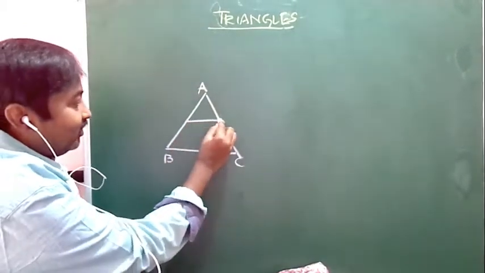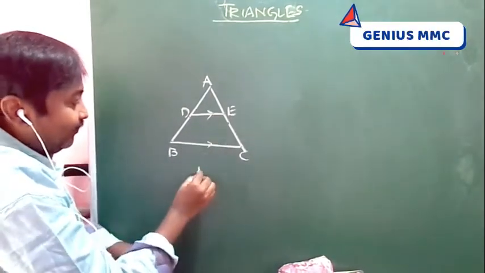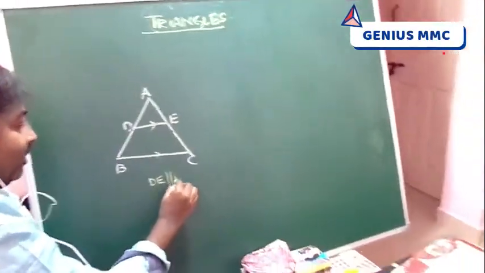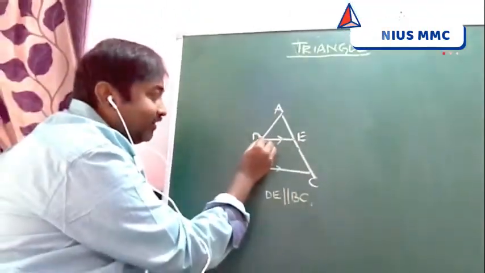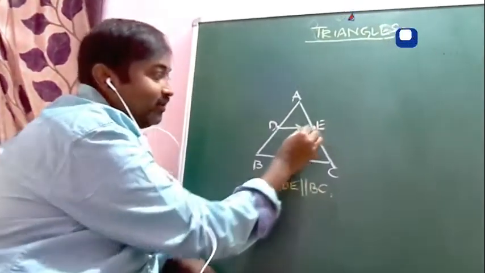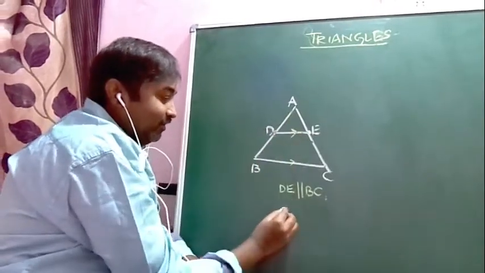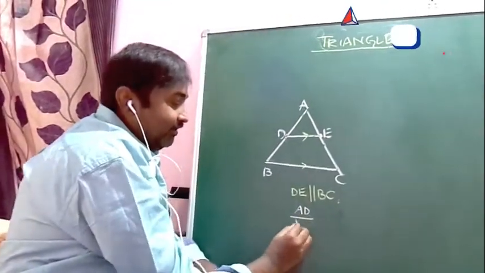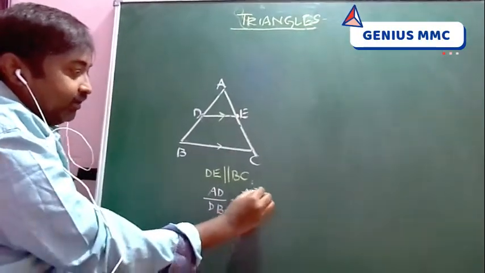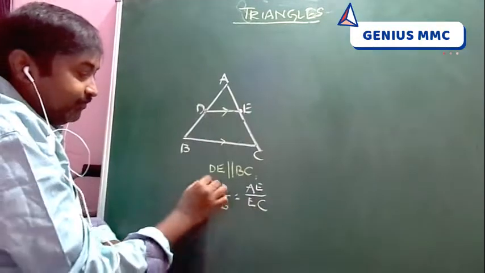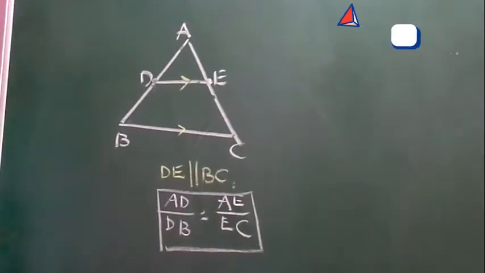If a line DE is drawn parallel to one side of the triangle, and the line intersects the other two sides at two distinct points, then the line divides the other two sides in the same ratio. AD by DB is equal to AE by EC. This is Thales theorem and this is called BPT.